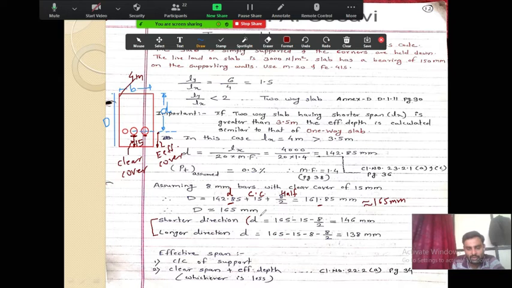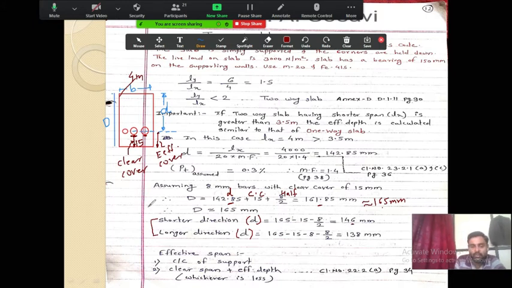So this is the d for the shorter direction, this d is for the longer direction. So for the shorter direction it is 165, that is your overall depth, minus this clear cover, minus half of bar diameter, 8. So this is your depth in the shorter direction.